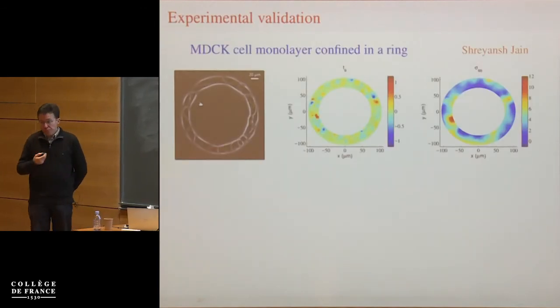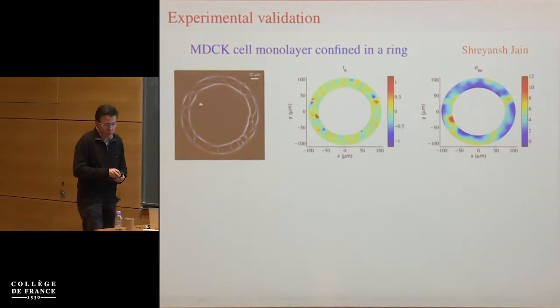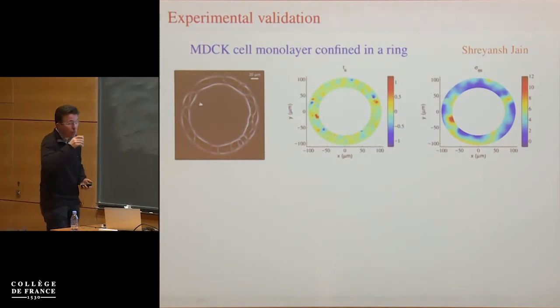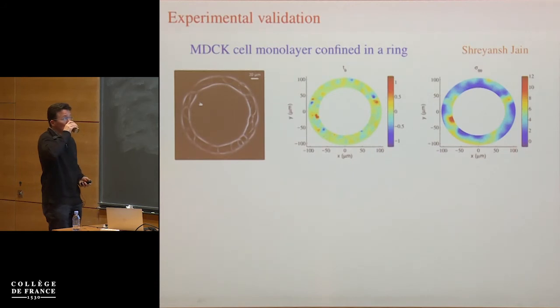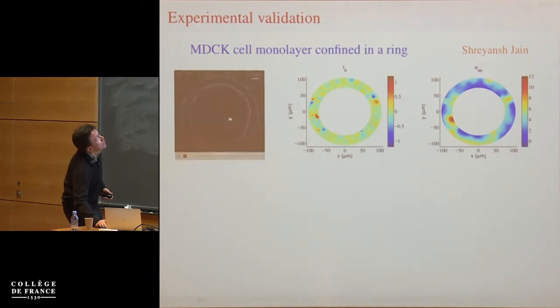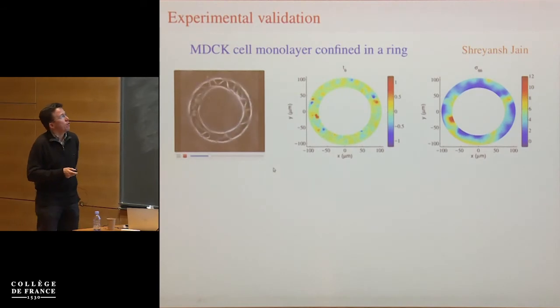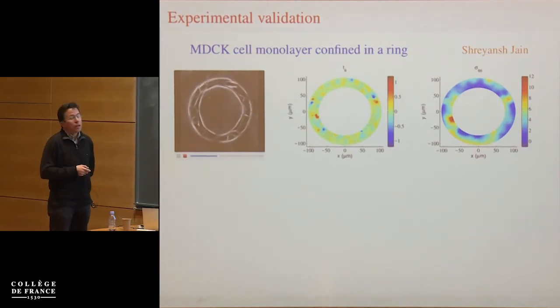We also validated the method experimentally in a quasi-1D system. So this is a cell monolayer of epithelial cells, MDCK cells, in a ring.